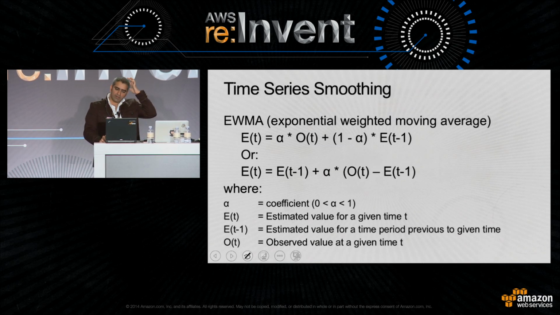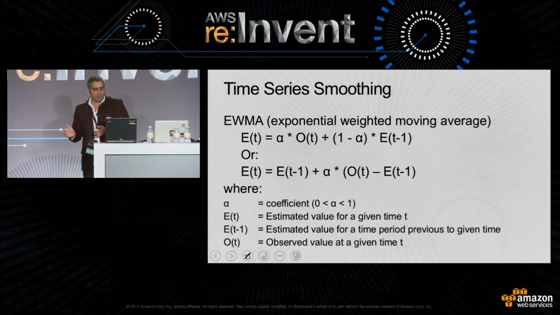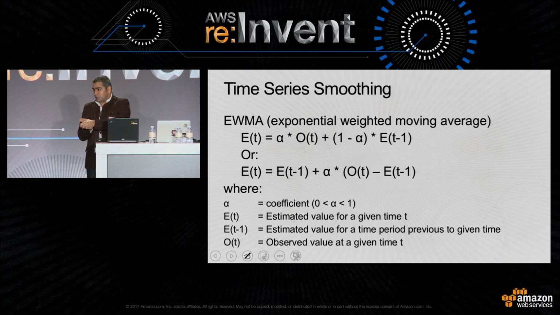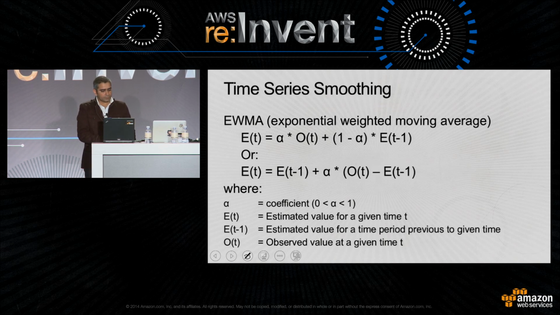So exponential moving average, the first one, is probably 50, 60 years old. It's a very old mechanism of trying to create a moving average of your trend and then basically get to a prediction. And then you can match with your actual data and what you have smoothened or projected and see the variances using these prediction performance methods.